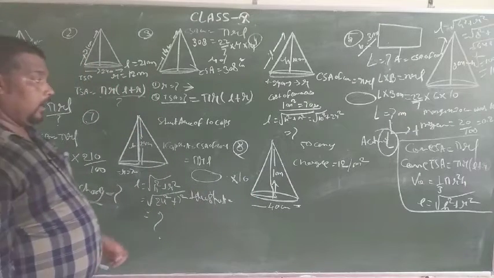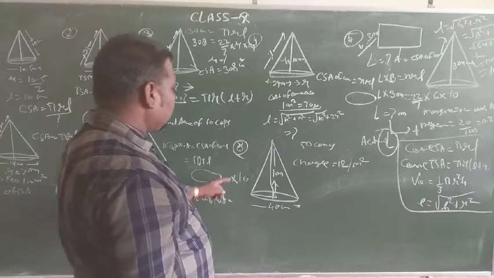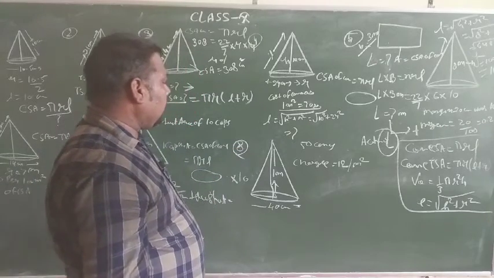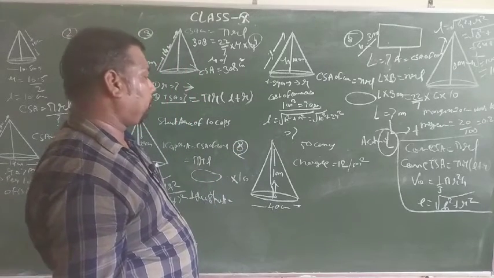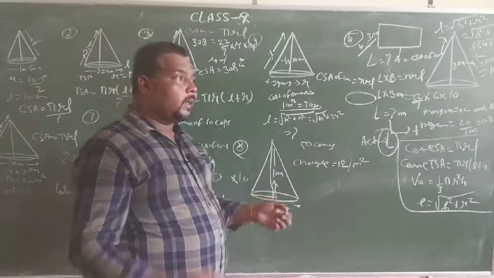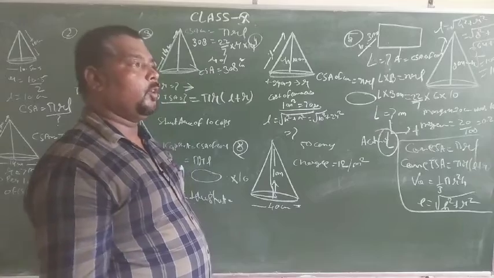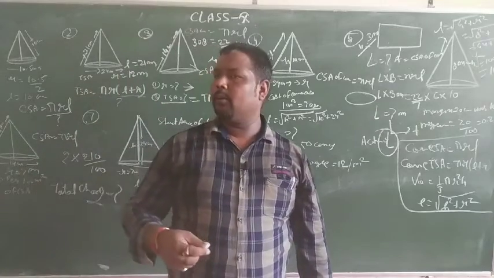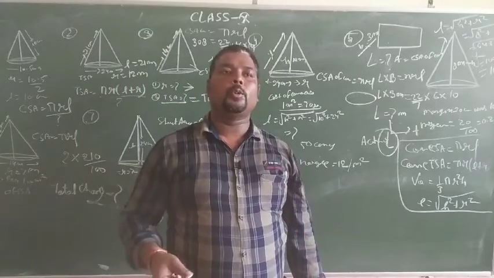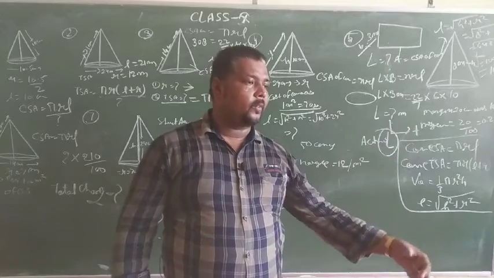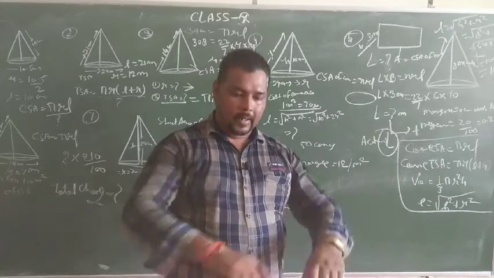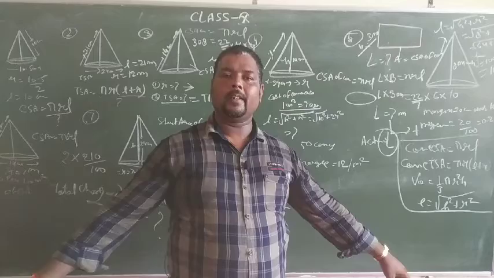Okay. And the last question for this exercise, that is given a conical top. In a bus stand, conical barricading is made. You also see in Kanpur, in our old school also, orange color cones are put on the outside of the road, that barricading, so no one comes inside it.